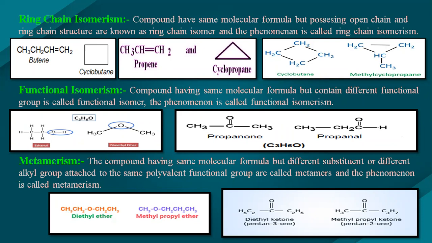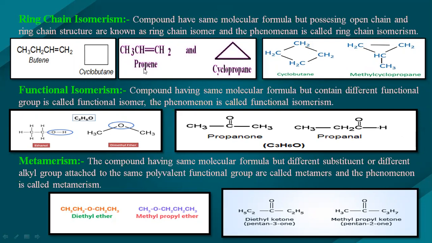If any compound contains four carbon atoms with a double bond, it is butene. Similarly, when these four carbon atoms are attached in a cyclic form, it is called cyclobutane. So in butene and cyclobutane the molecular formula is the same, but they are totally different in nature.